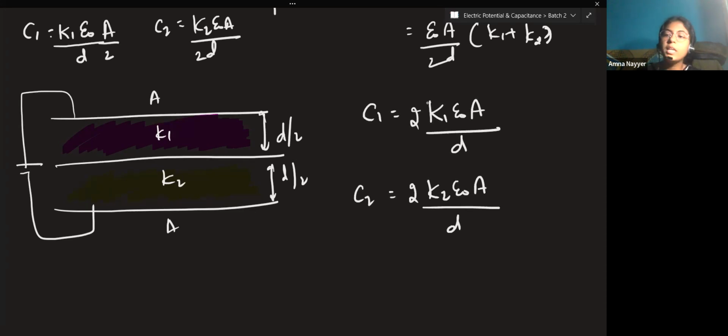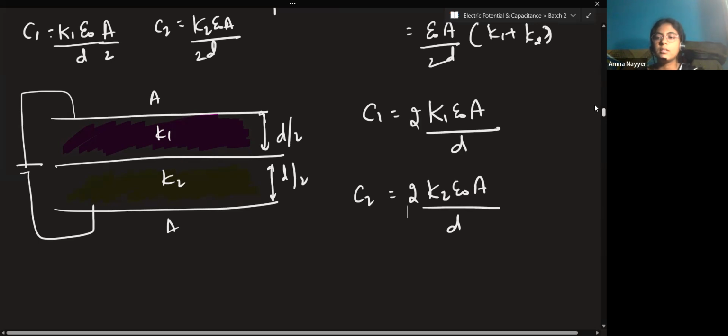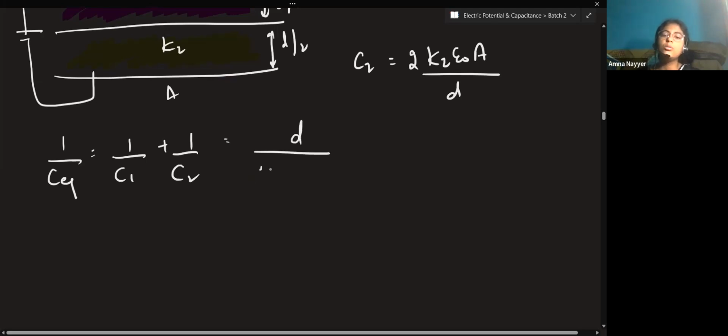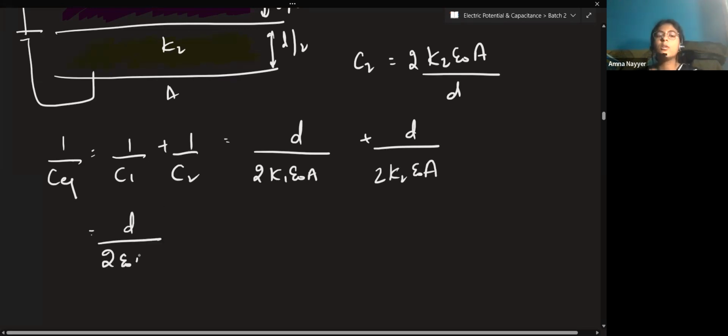Now series combination. How do you write series combination? Take the C equivalent: 1 by C equivalent is 1 by C1 plus 1 by C2. So this becomes D by 2 K1 epsilon naught A plus D by 2 K2 epsilon naught A. D by 2 epsilon naught A can be taken common. Here this will be left 1 by K1 plus 1 by K2.